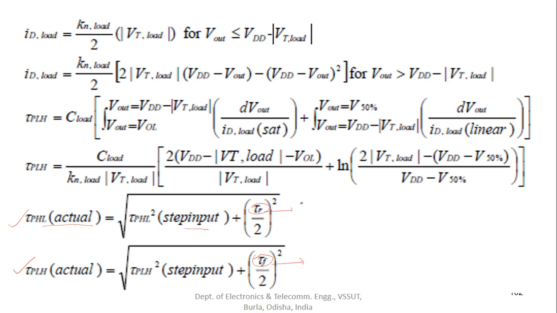Else, when rise time is 0, the input signal becomes ideal and this factor becomes 0, and the square root becomes equal to tau PHL simply. Again, when tau f is 0, the whole term will be nothing but tau PLH.